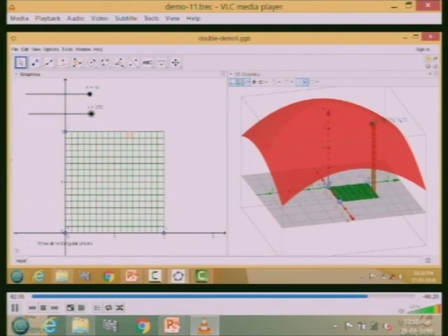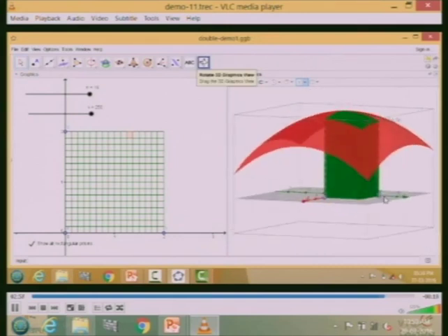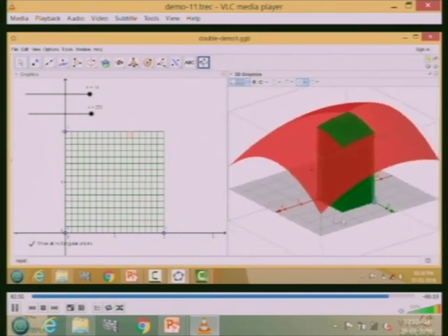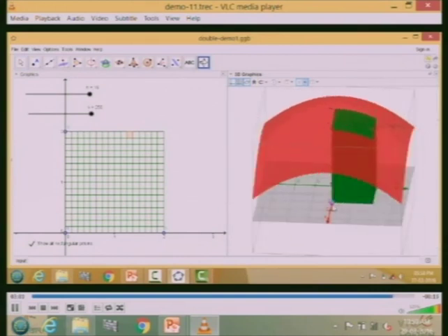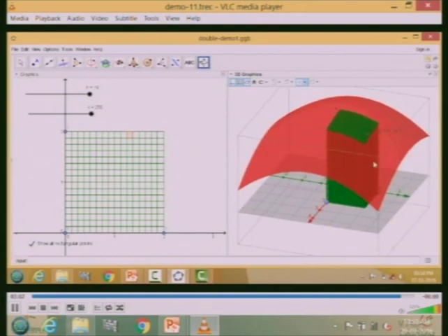That approximates the volume. You can see the green color here, the total volume under the surface. You can move that surface, you can see very clearly that the green color indicates the total volume under the surface z equal to f(x, y), and above the rectangular box.